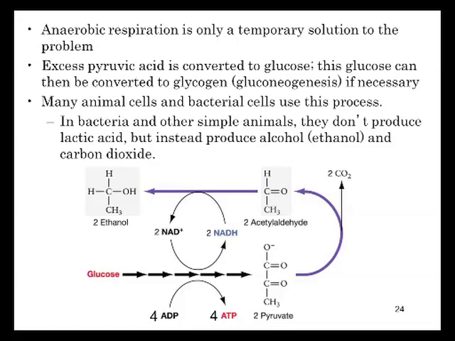And so the carbon dioxide you get when you ferment and produce beer or wine comes from this reaction. The reason we get the alcohol in the beer and the wine is because the NADH reduces this acetaldehyde to ethanol, and then we oxidize NADH back to NAD.